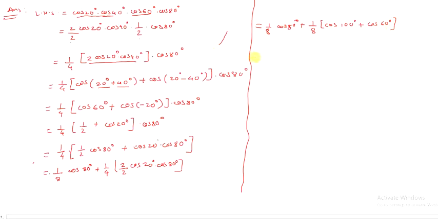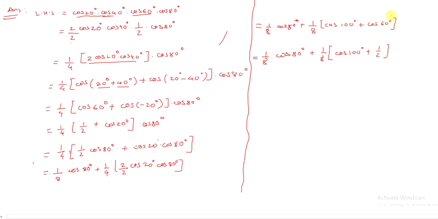Okay, now 1 by 8 into cos 80 degree plus 1 by 8 in bracket cos 100 degree plus cos 60 degree, which is nothing but half.